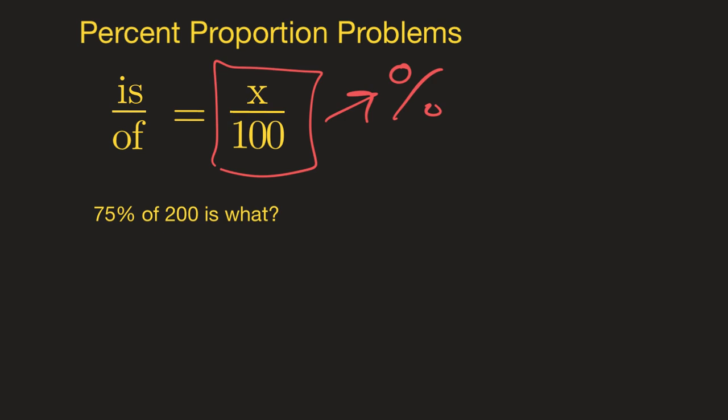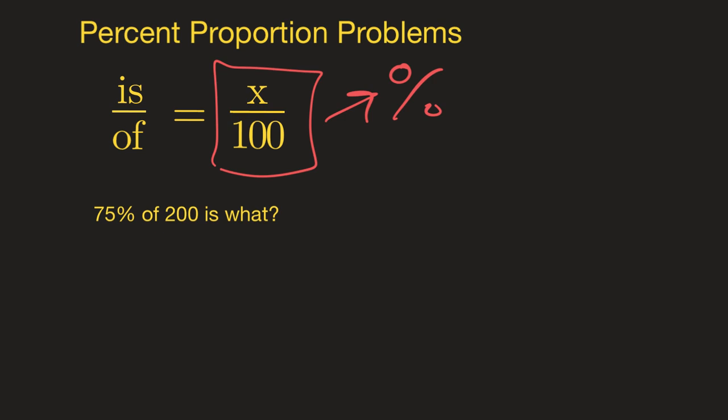75% of 200 is what? Now, did they give you a percentage? Do you see a percentage? 75%. They gave you a percentage, right? I like to start these problems asking myself, did they give me a percentage?